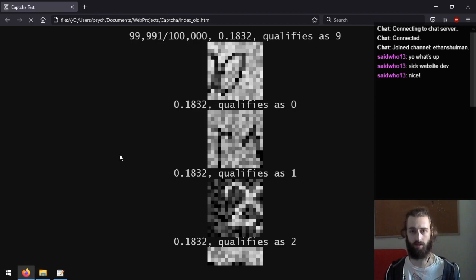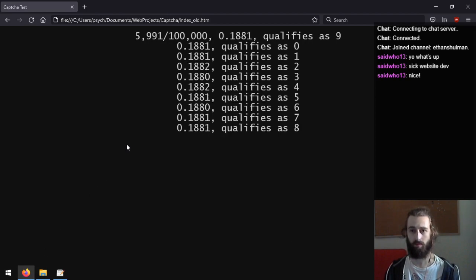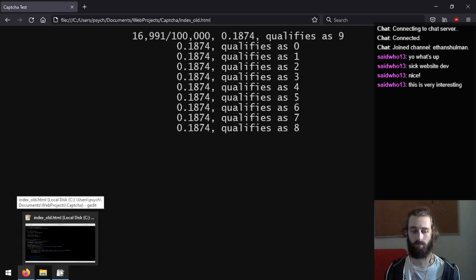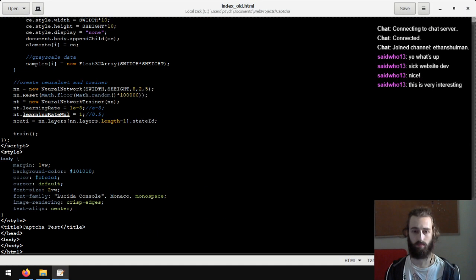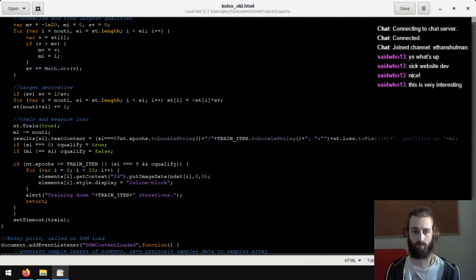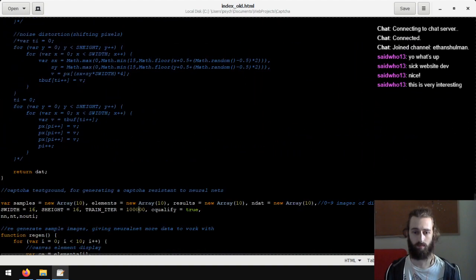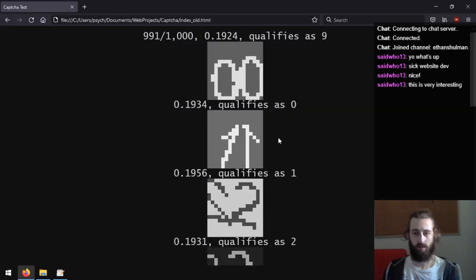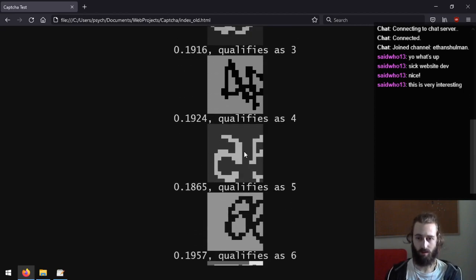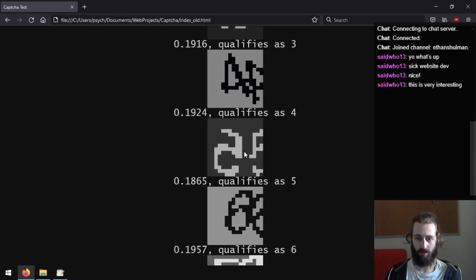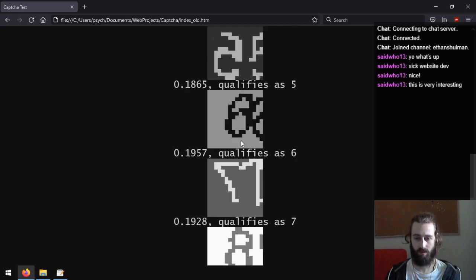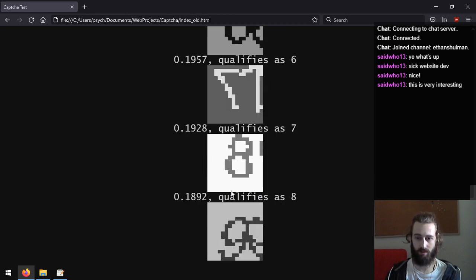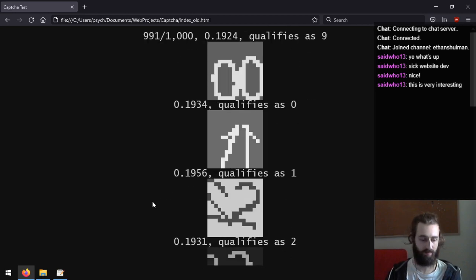And let's see if it can identify it. So what does this look like now without the noise? So that's 0, 1, 2, 3, 4, 5, 6. So having them mirrored definitely messes with it.